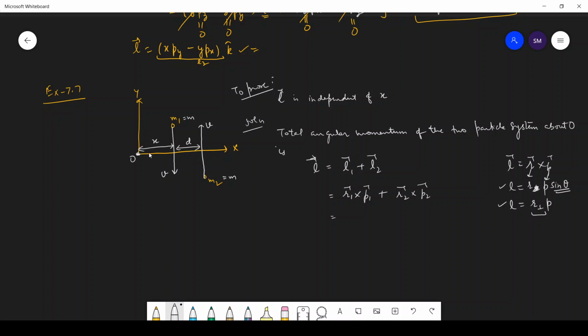From O to this point, suppose this is the line of action of the force, the velocity is in this direction, and this perpendicular distance is x.